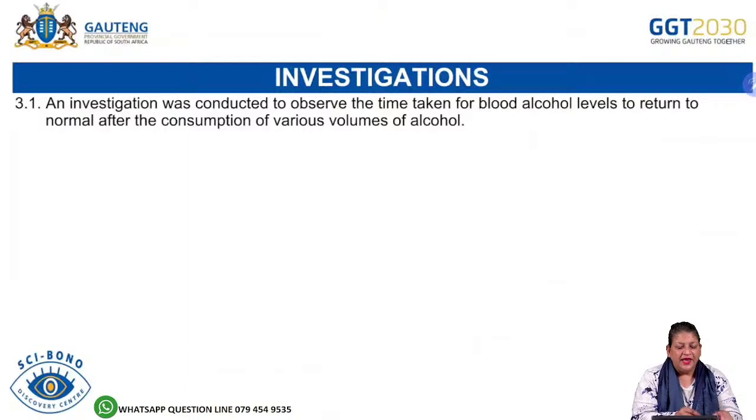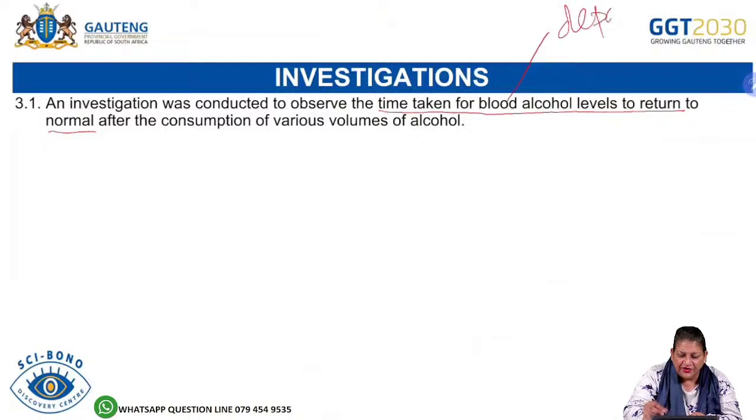So now, an investigation was conducted to observe the time taken for the blood alcohol levels to return to normal. Can you control the time taken for the blood alcohol level to go back to normal? You can't. So automatically, you know that that must become my dependent variable.